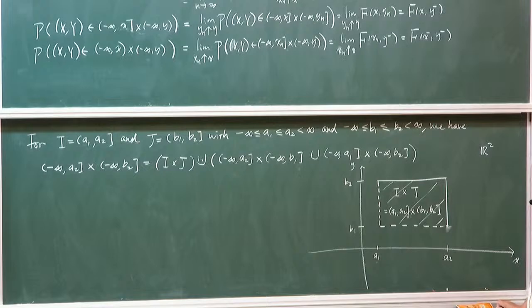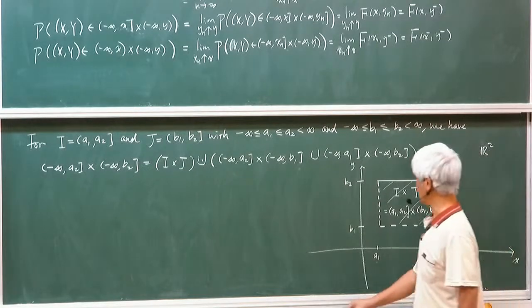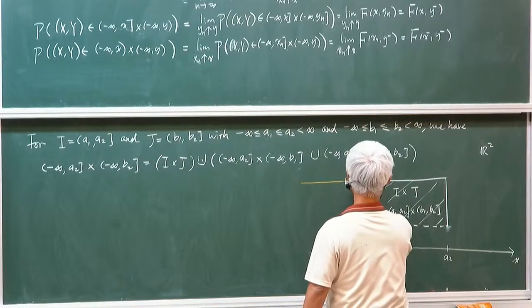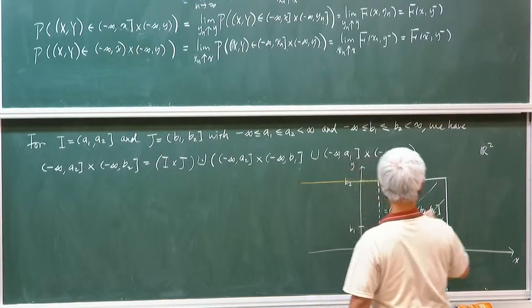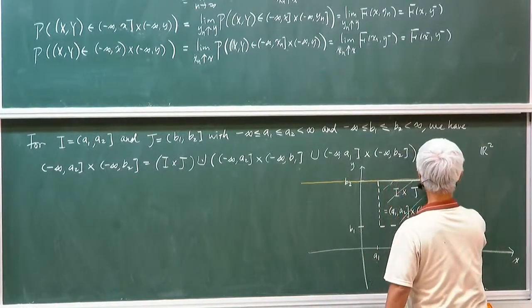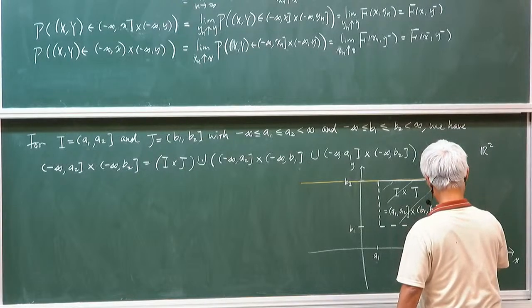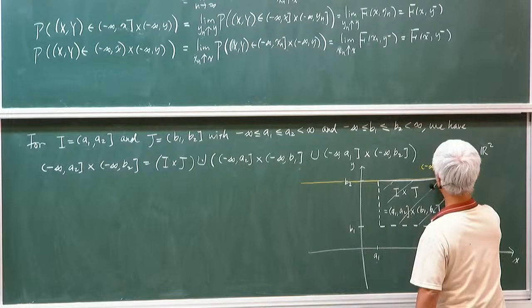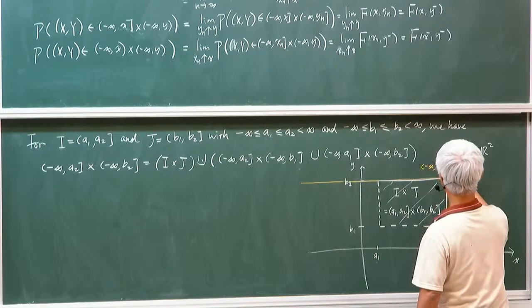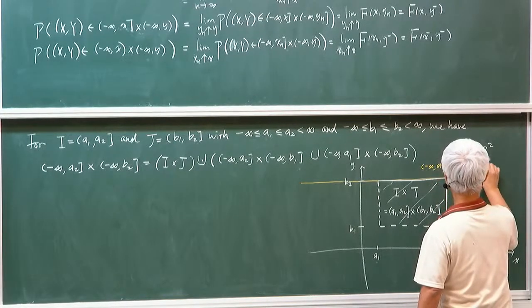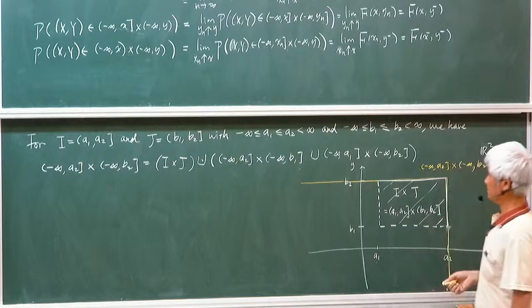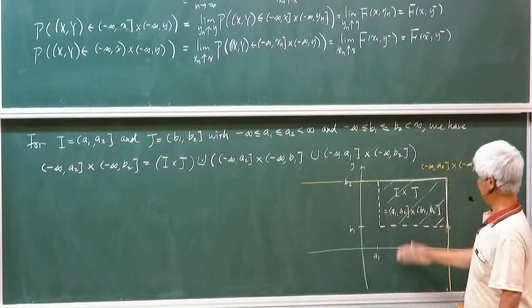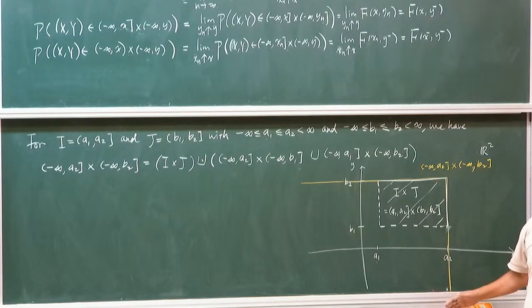Okay. Now, all right, and the yellow part here. The yellow part is A2 cross B2. Okay, so it's very big, right? Including the semi-infinite rectangle.